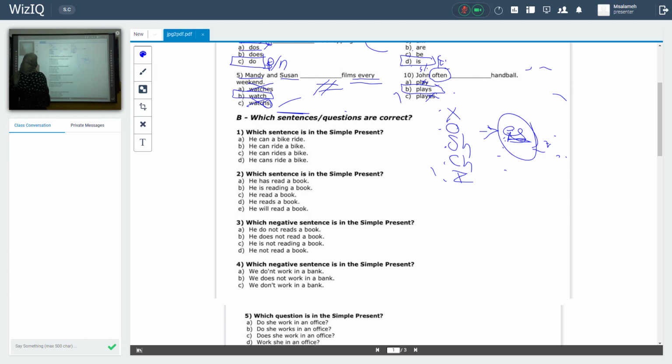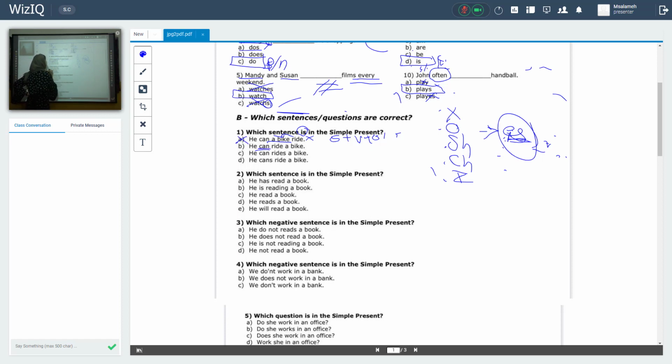Okay, number B. Which sentence or question is correct? I have here one correct answer in the simple present. He can a bike, right? It's wrong. Why? Because any sentence in the English language consists of what? Subject plus verb plus object. Here the object comes before the subject, so it's a wrong answer. He can ride a bike.